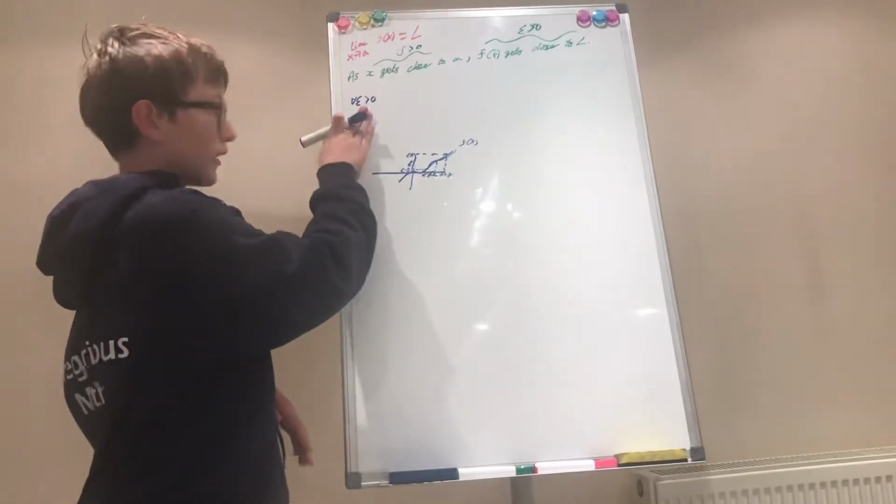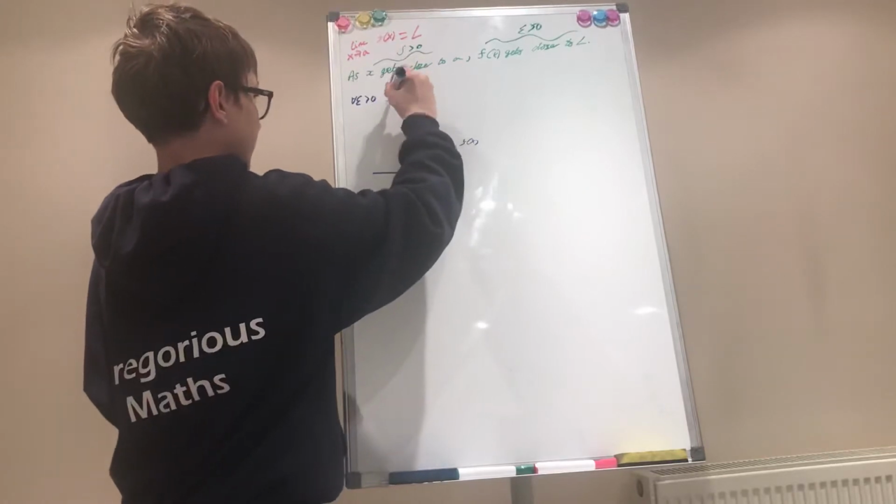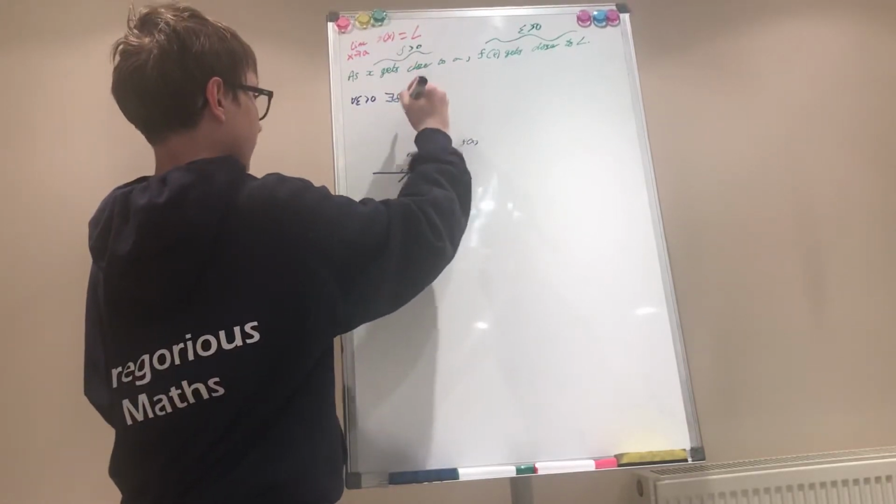So for all epsilon greater than 0, there is some delta greater than 0, okay?